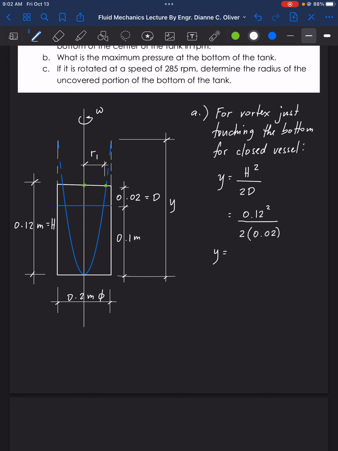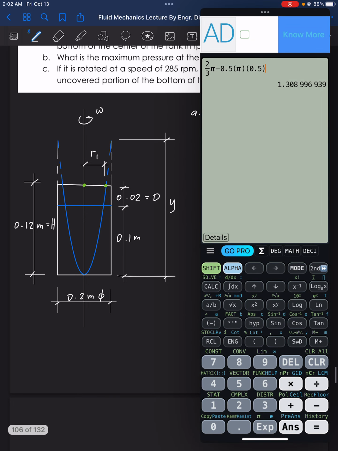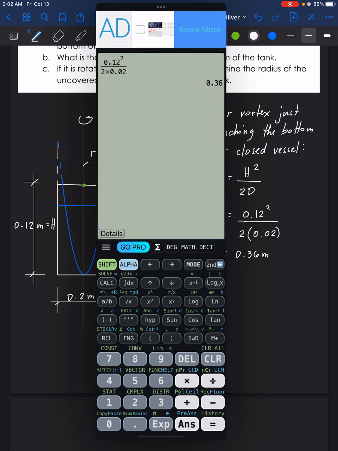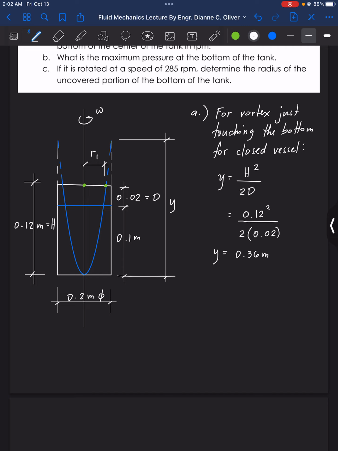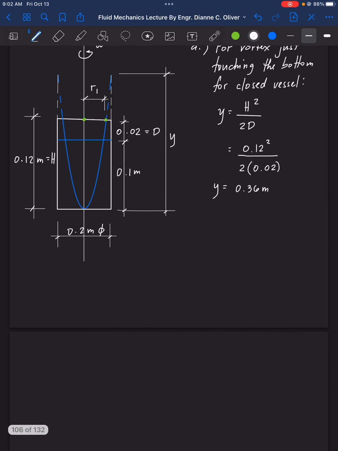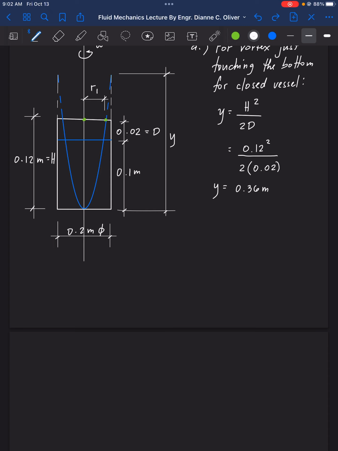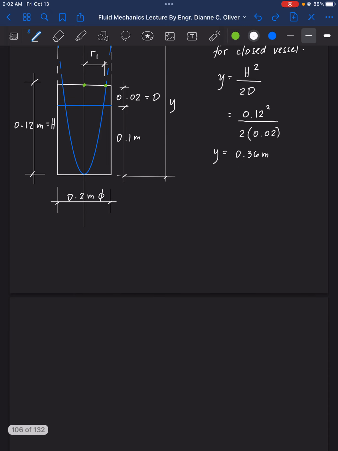Therefore, y is equal to 0.12 squared over 2 times 0.02, which is 0.36 meter. So that is the value for y. Since we have the value for y, the total height of the paraboloid, we can now compute for omega. So y is equal to omega squared r squared all over 2g.